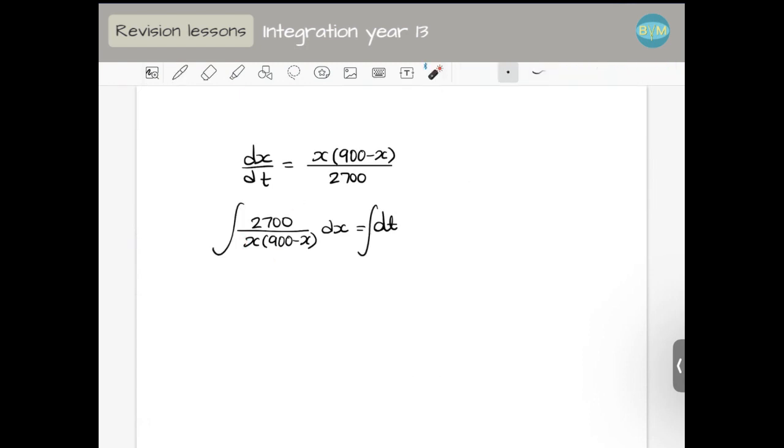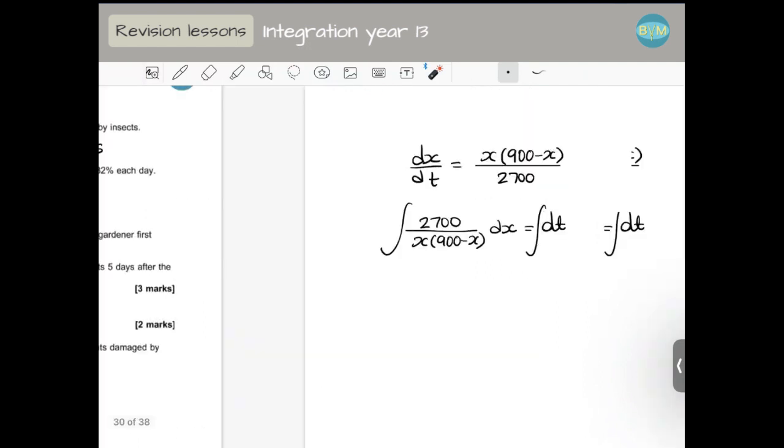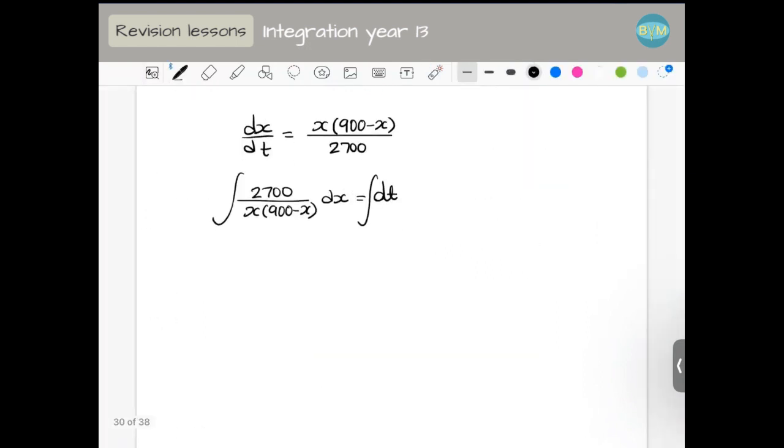What they have done with this bit is separating partial fractions, and that's what they're asking, to find A and B. So let's find that very quickly. If you find them, please type them in the chat because you're always quicker than me doing these questions.